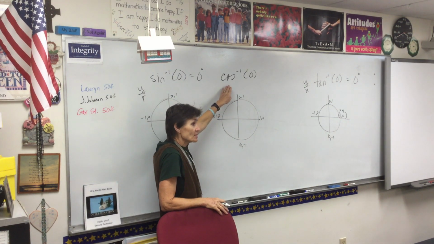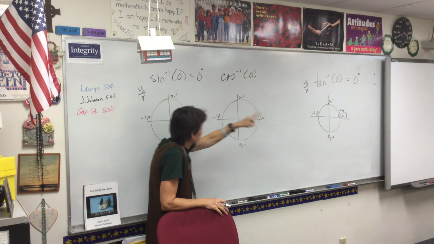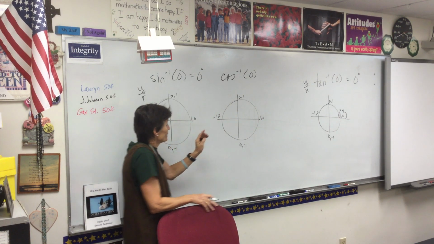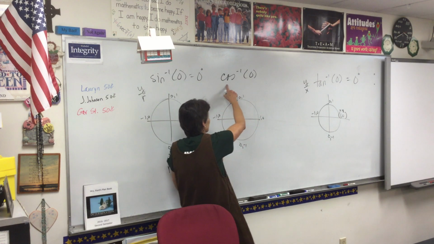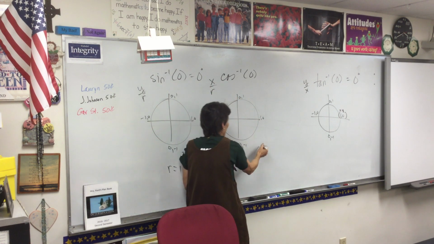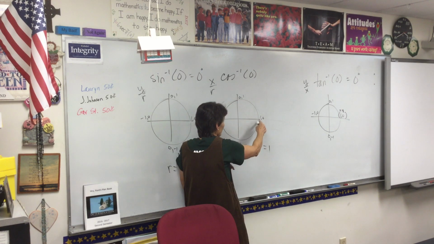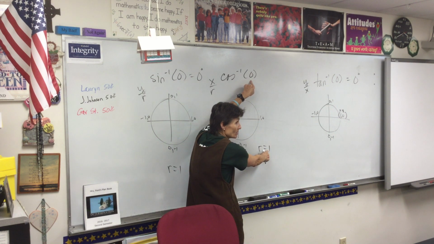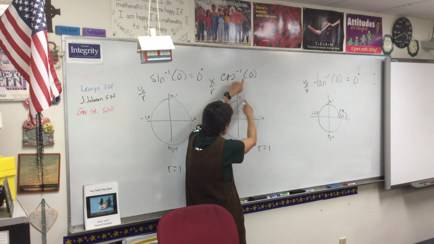I don't want to add this one in because both of those came out to be 0, and I don't want you to think it's always 0. Alright, so here we go. What's the definition? This is X over R. Good. So if I put R is 1, if I put X over R, does that give me 0? No. Let's try up here.